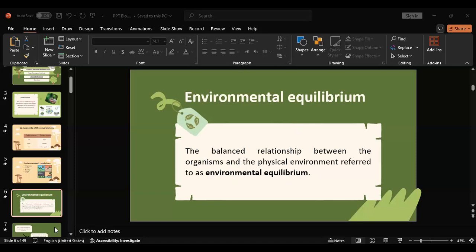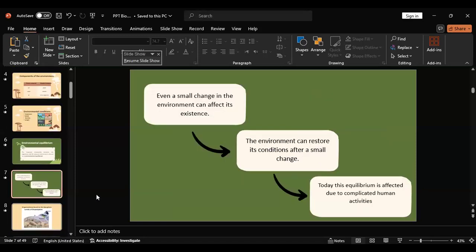Although equilibrium takes place in the environment, that means the environment is trying to maintain balance.